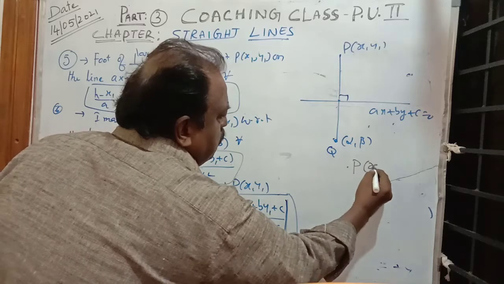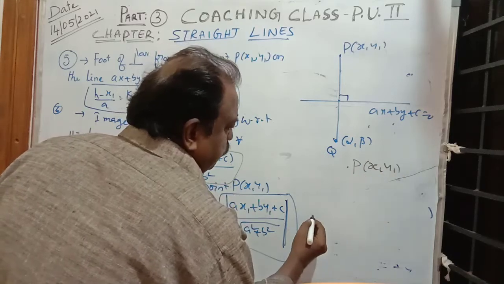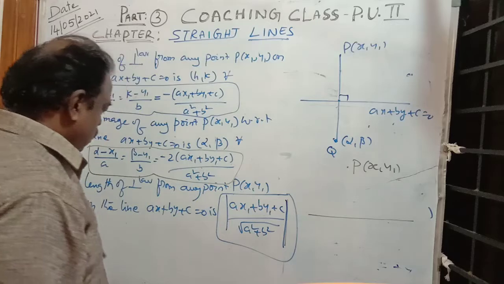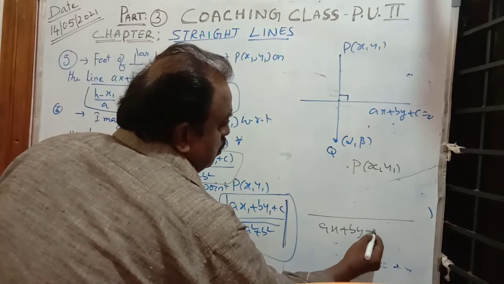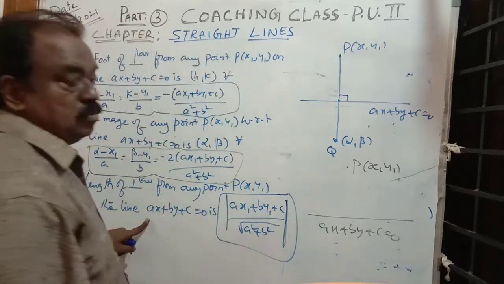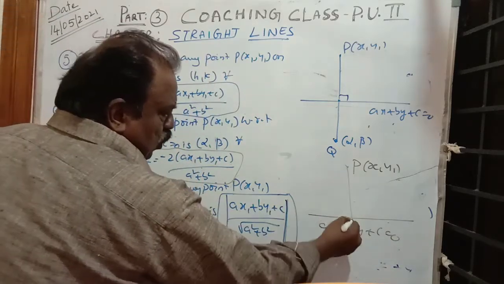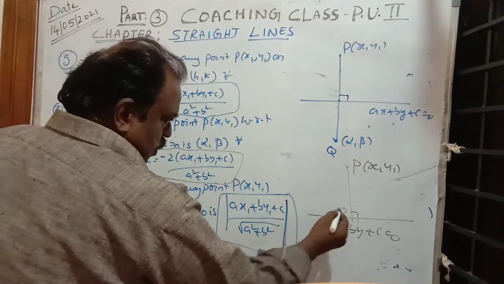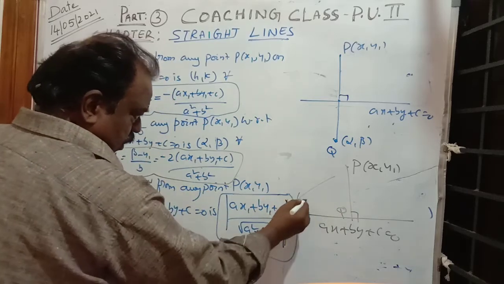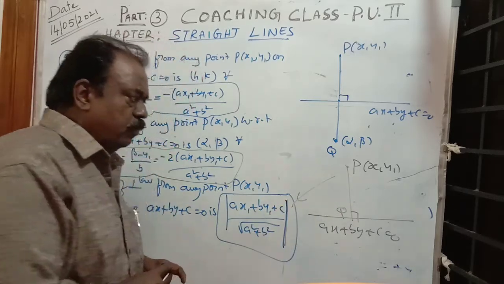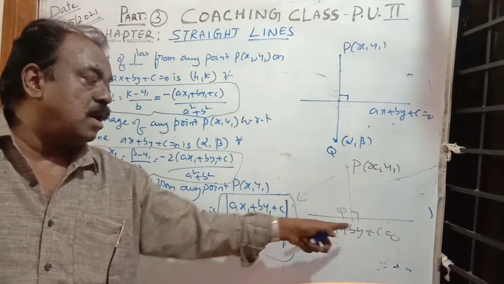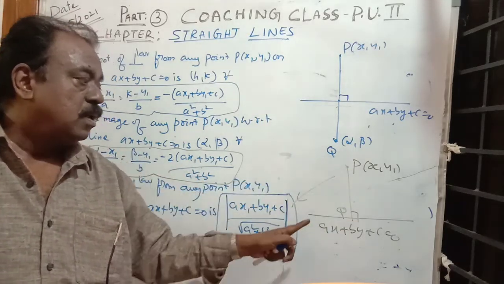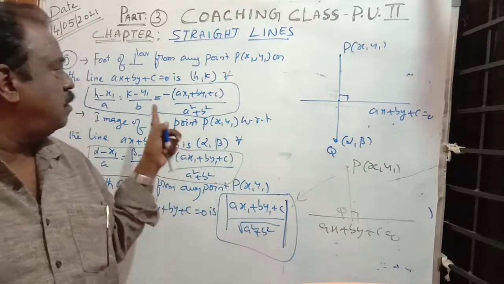It is a point P (x1, y1). It is a line ax + by + c = 0. PQ is a perpendicular, the length of the perpendicular drawn from P on the line. Of course, Q is the foot of the perpendicular here.